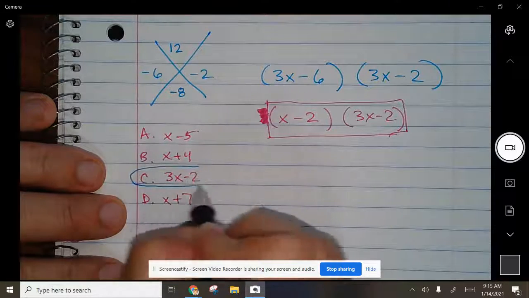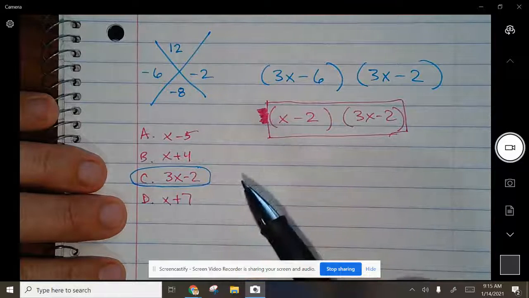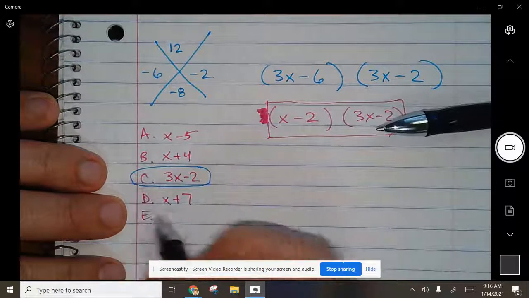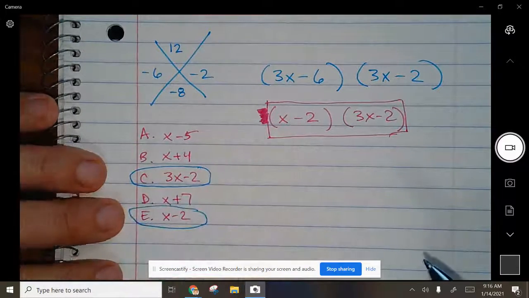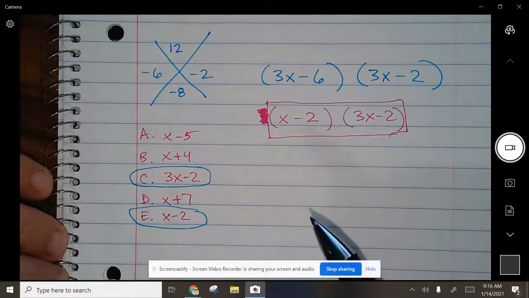Just because both are not in there in your answer pool, it doesn't have to be. If it said select all that are factors, right, and E was the final answer there too, then it was x minus 2, then you would select all. But sometimes these questions only ask for one of these, just tell me one of the factors. And it's kind of interesting, all right?